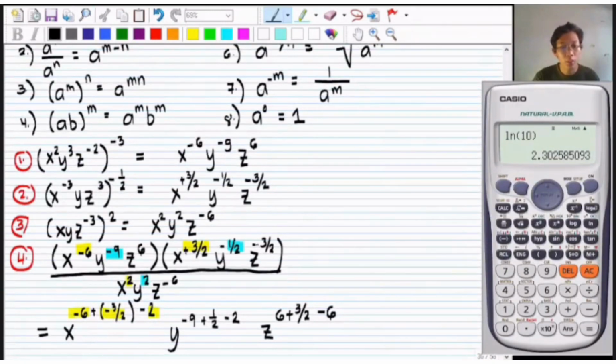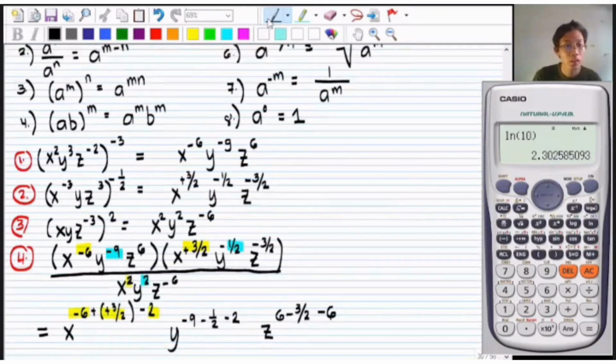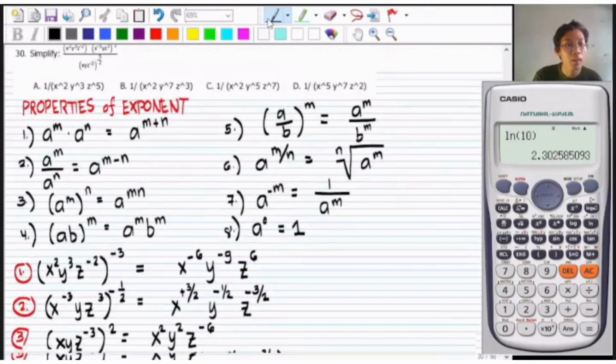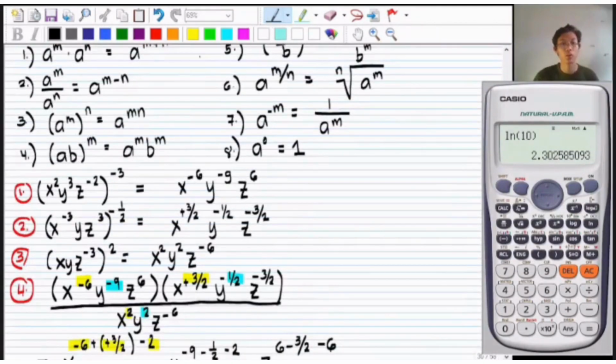Plus, minus, minus. Okay, so magiging plus 3/2. Then, magiging minus 1/2. Saka minus 3/2. Tama na ba? Negative 5/2 sa inyo. Okay, negative 5/2 to.